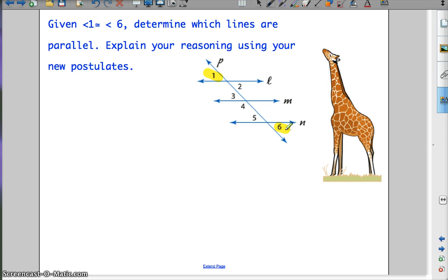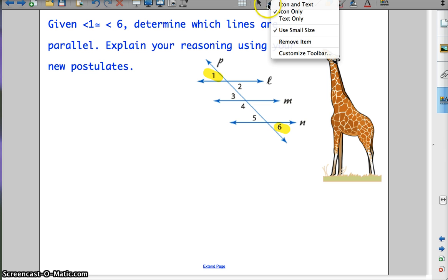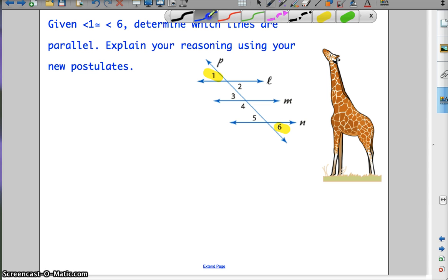And we know that they are congruent to one another. So what two lines are going to be parallel then? It's going to be L and N. L is parallel to N.